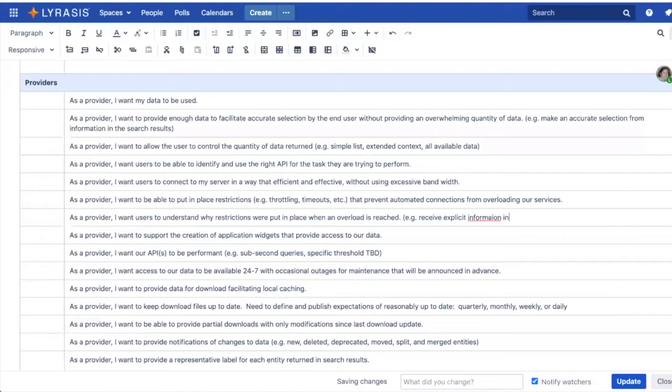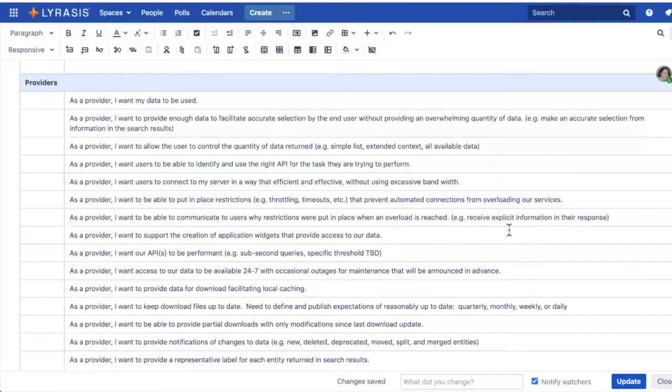Maybe something like, as a provider, I want to be able to communicate to the users why they're being restricted. That sounds more appropriate, yes. So I want to be able to communicate to users why restrictions were put in place when an overload is reached.